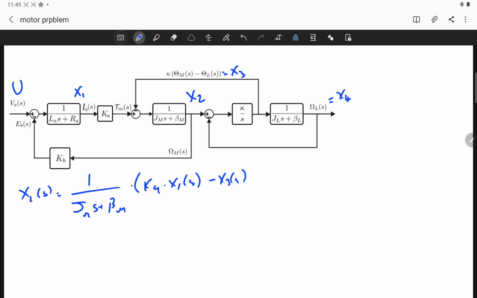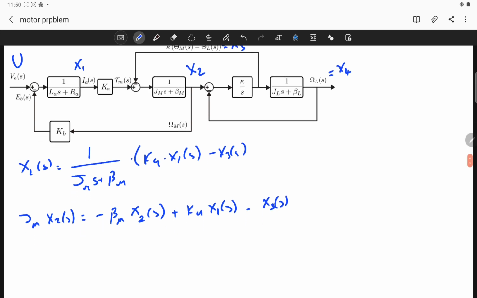If I manipulate it like this, let's do it quickly. Jm s x2 of s is equal to minus beta m times x2 of s, plus Ka times x1 of s minus x3 of s, that's great.